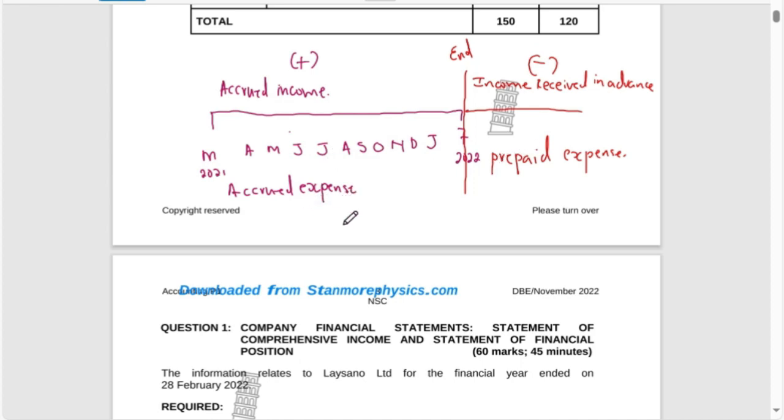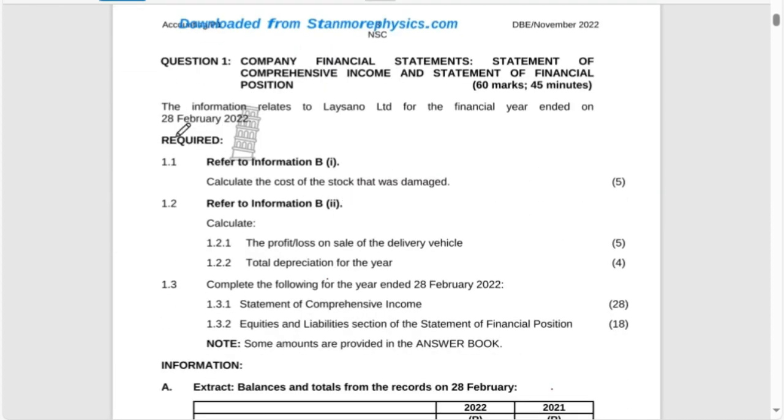And then we can start with our information. It says required 1.1, refer to information B only, meaning in this case we are going to refer to information B1. They are saying calculate the cost of the stock that was damaged, for 5 marks.